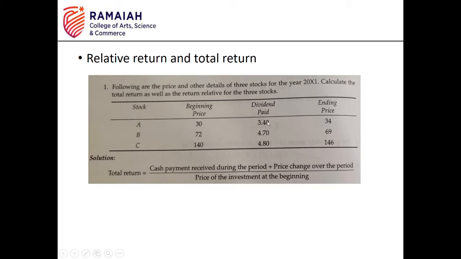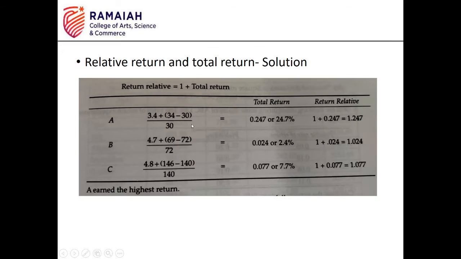Correct? 3.4 plus 4 divided by 30 gives you 0.247 or 24.7 percent. Similarly for stock B, stock C. If you have any doubts here, please get in touch with me. I'll explain once again, no problem.